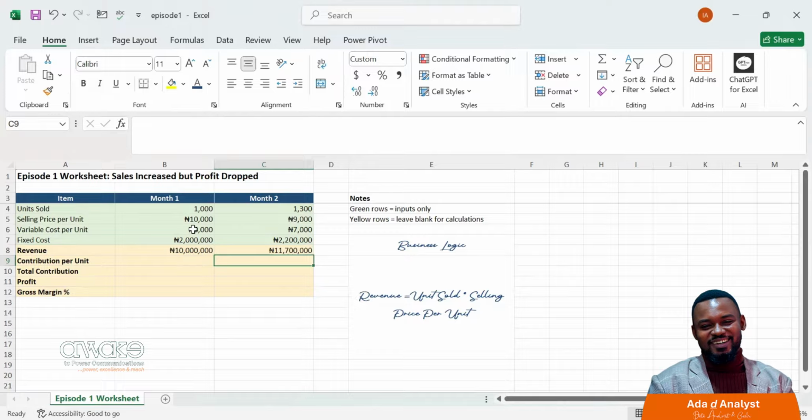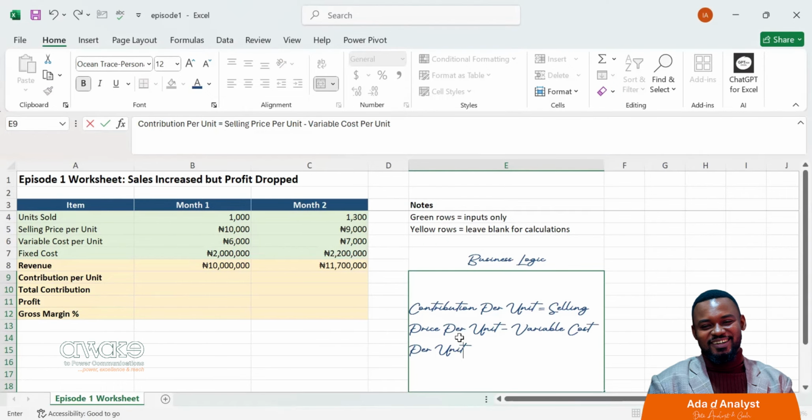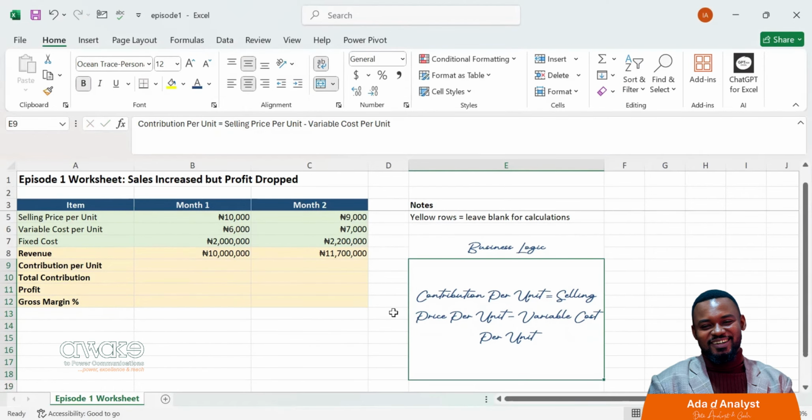So we'll subtract that from our selling price per unit. Do we get that? Contribution per unit equals selling price per unit minus variable cost per unit. Is that clear? Contribution per unit is equal to selling price per unit minus variable cost per unit.